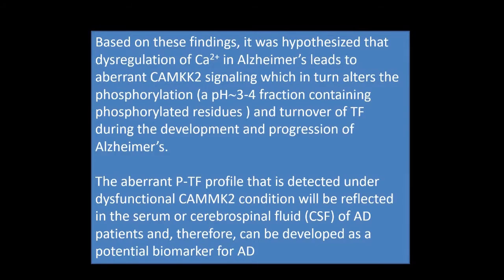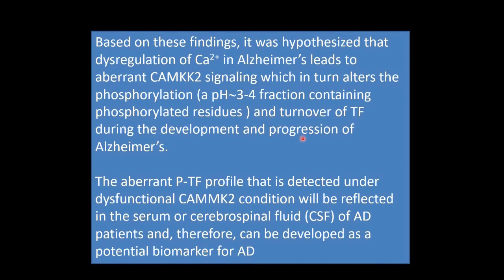Based on these findings, it was hypothesized that dysregulation of calcium in Alzheimer's leads to aberrant CAMKK2 signaling, which in turn alters the phosphorylation, that is, the pH 3-4 fraction containing phosphorylated residues, and turnover of transferrin during the development and progression of Alzheimer's.